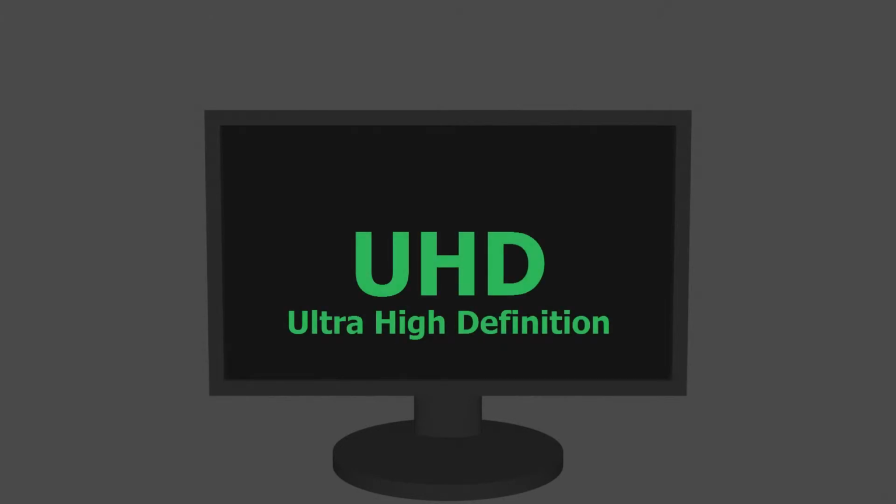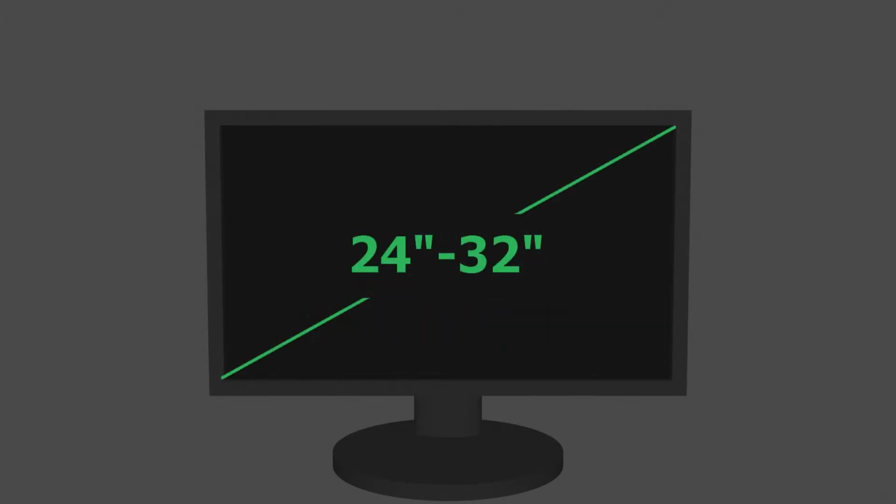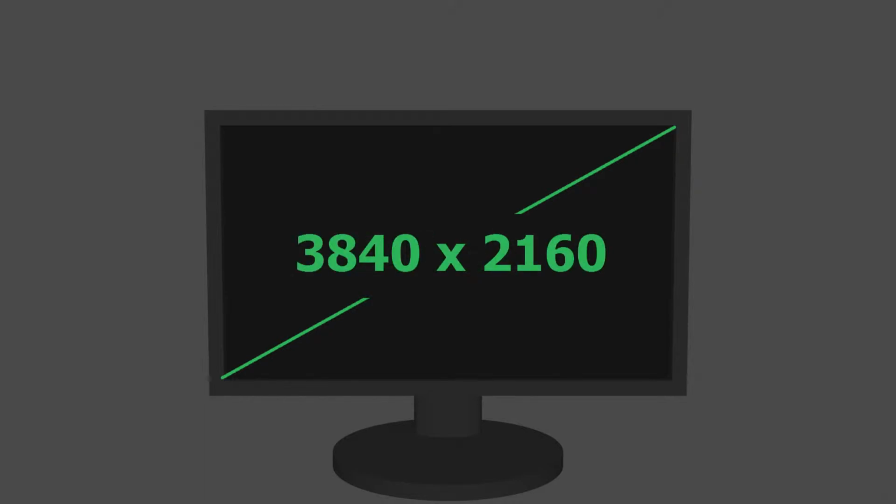These resolutions may be referred to as a 2K display or 2K resolution. Newer ultra-high definition LCD displays, typically between 24 and 32 inches, now have a resolution of 3840 by 2160. This resolution may be referred to as a 4K display or 4K resolution.